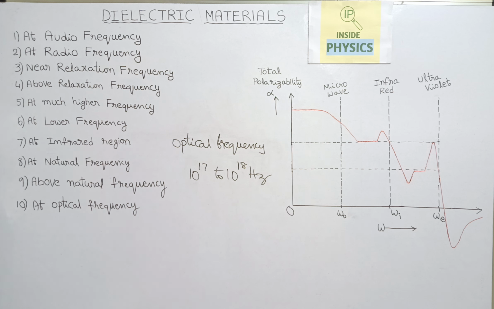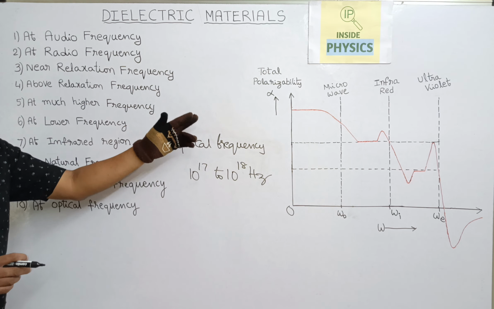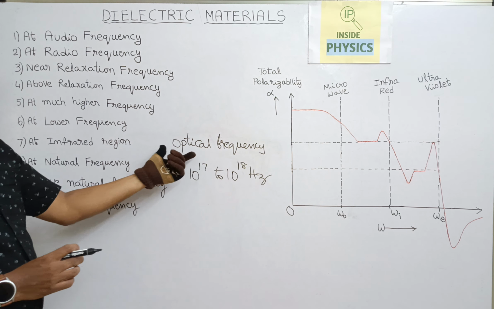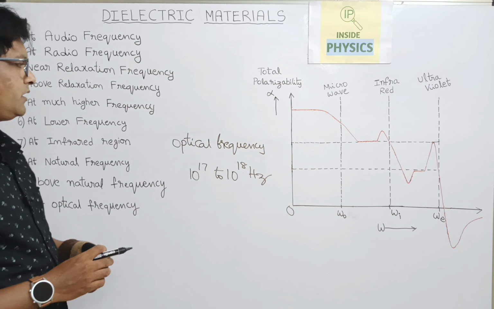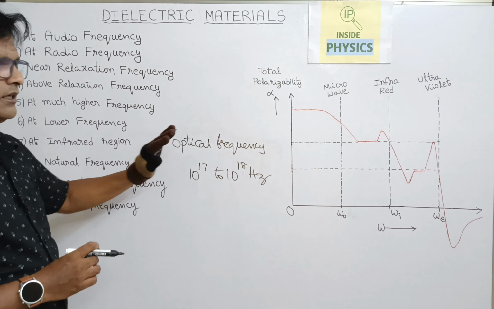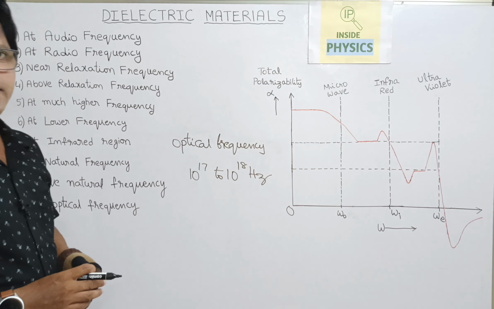See, here also there will be some losses because they re-emit this energy in random fashion. Whenever light falls onto the dielectric material, the atoms or molecules do simple harmonic motion, and they also vibrate, and they re-emit the light energy.